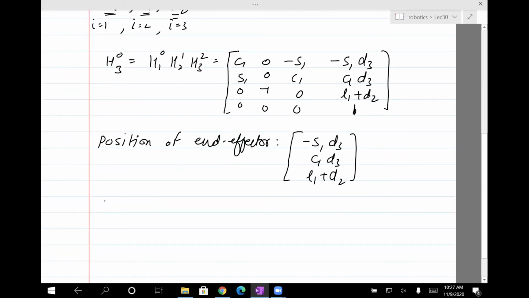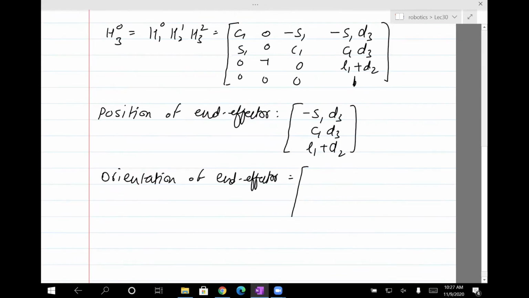And then the orientation of the end effector is going to be the 3 by 3 matrix, the first 3 rows and first 3 columns of this 4 by 4 matrix. Where C1 is cosine of theta 1, S1 is sine of theta 1.